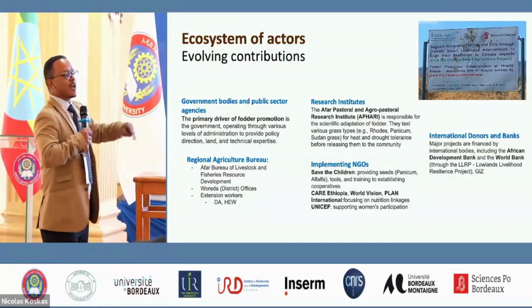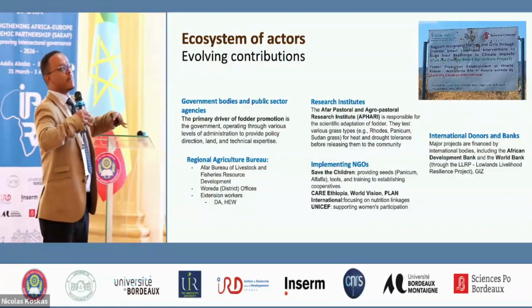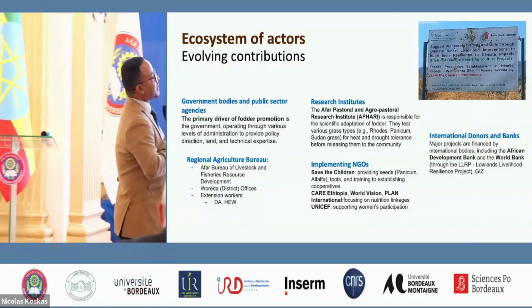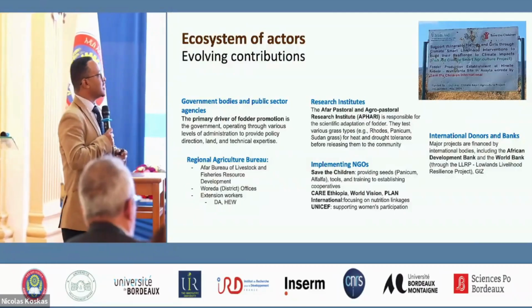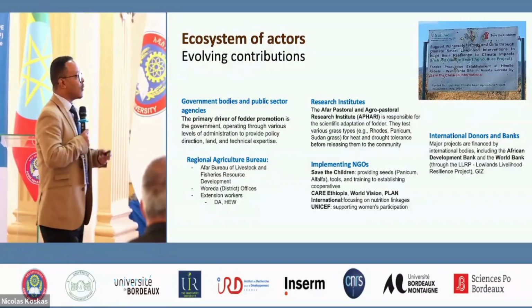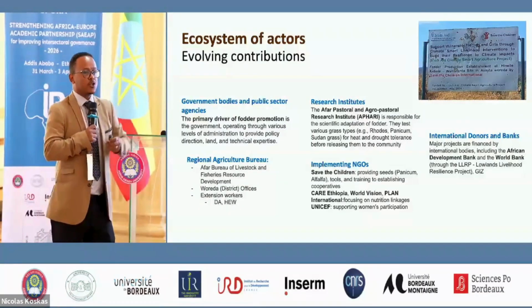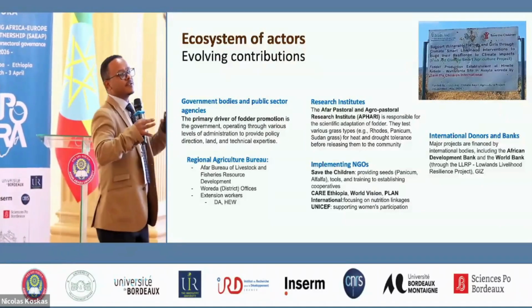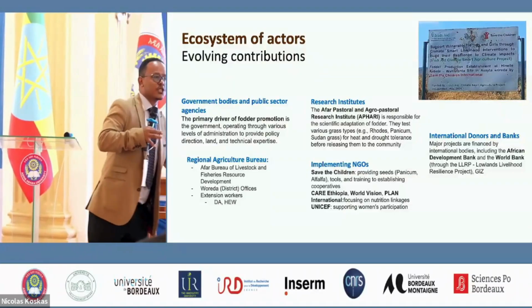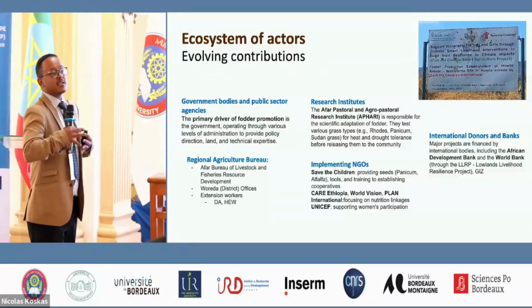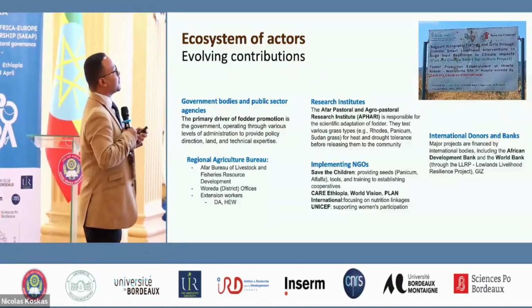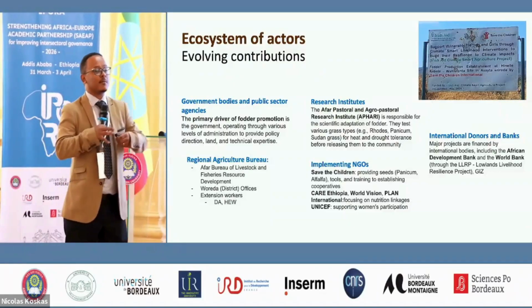And then, of course, you have the international donors and banks behind major projects. Some of the major projects are financed by international bodies like the African Development Bank, the World Bank, and the like. So you have an array of actors playing different roles with different goals, some nutrition, some resilience, some gender empowerment. So many things are happening on the ground. But the story is about forage.